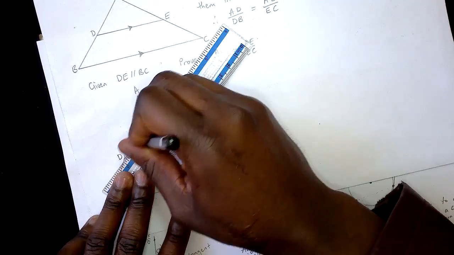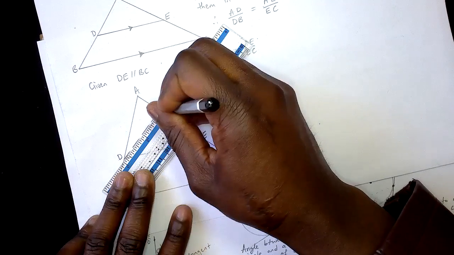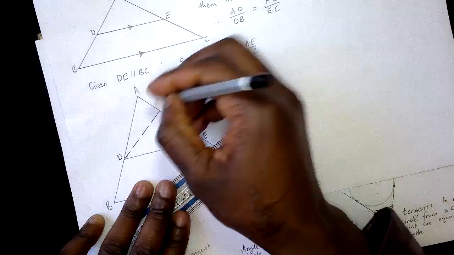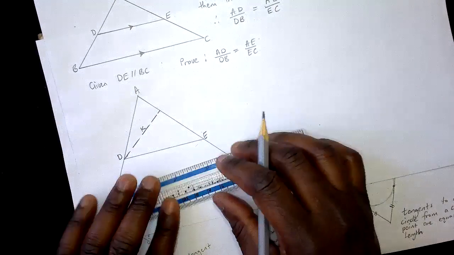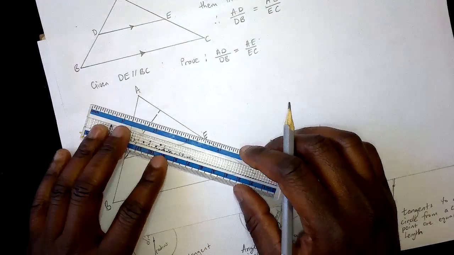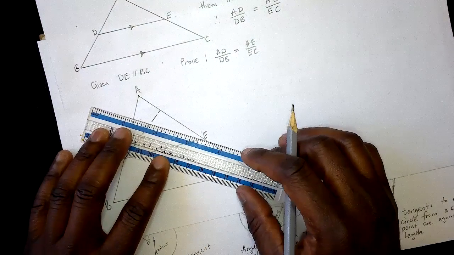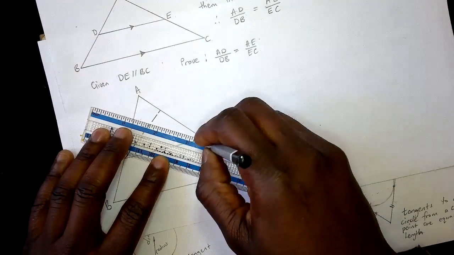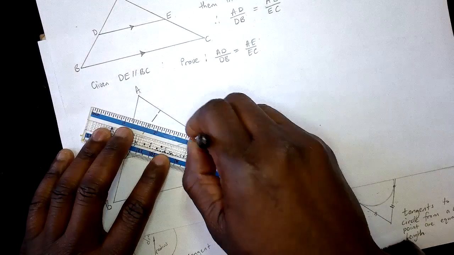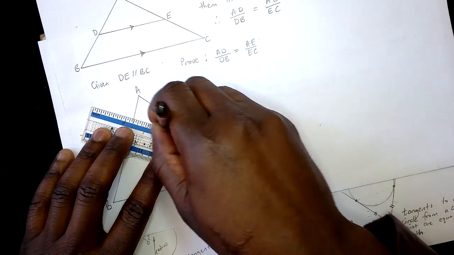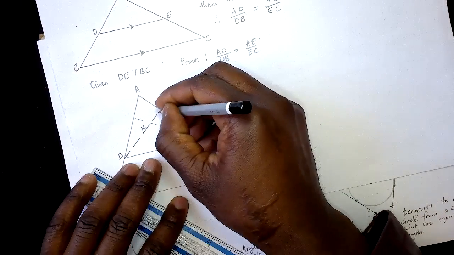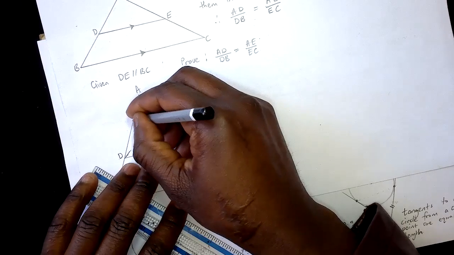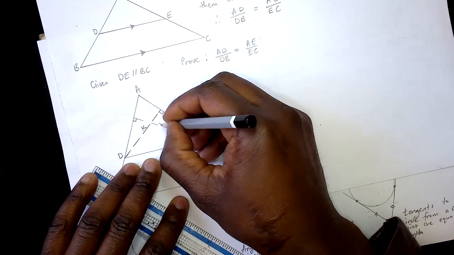This is our perpendicular height, and we can call it K. And let's also have a perpendicular height on this side. The perpendicular height must form 90 degrees here, and it also must form 90 degrees here, and we call this H.